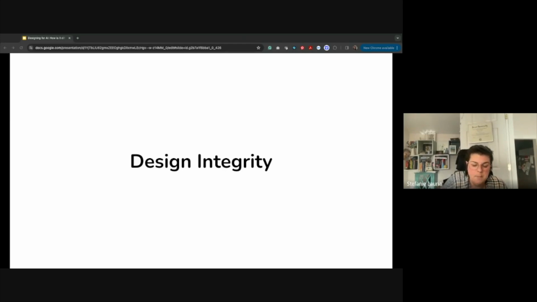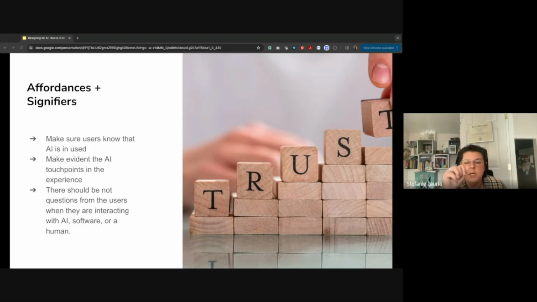Because it is probabilistic, we really need to think about designing for integrity. Designing for integrity means that we need to think about affordances and signifiers, right? These are the most common terms that we hear in UX design. Affordances, signifiers, they're all important, and it's still true for AI design.